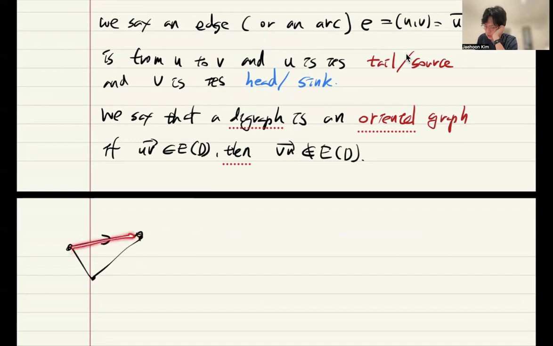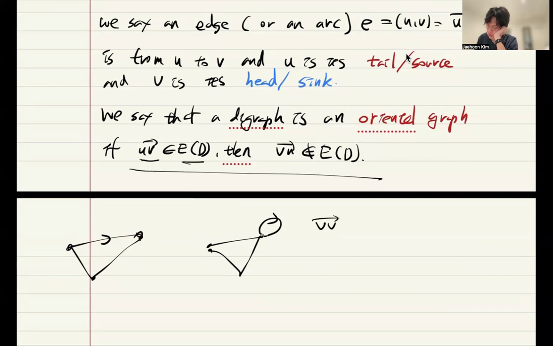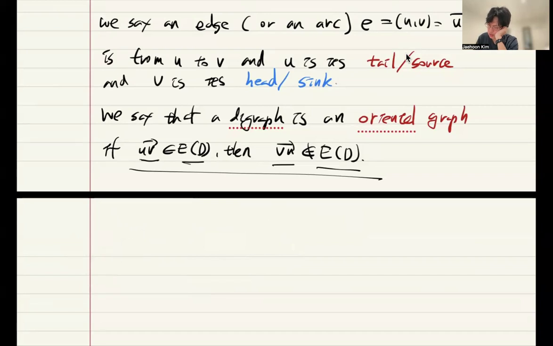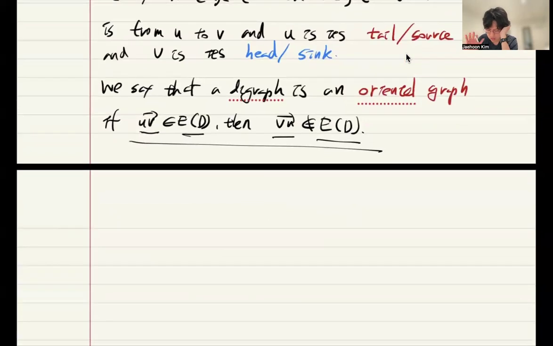So giving this orientation forbids this. Also, this forbids a loop. In a directed graph, there could be a loop (v, v). But this says that if (v, v) is there, then (v, v) should not be there, which doesn't make sense. So in an oriented graph, you have no loops. So it's indeed coming from a simple graph by giving the orientation. That exactly coincides. It's the equivalent definition.